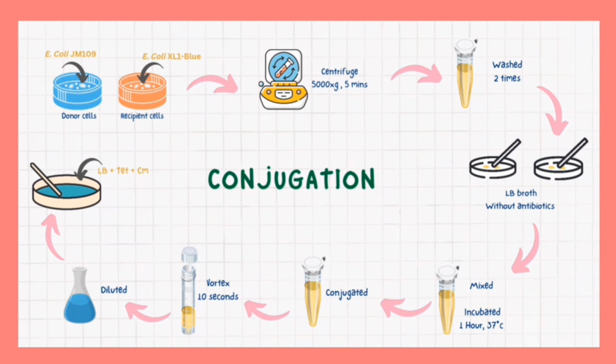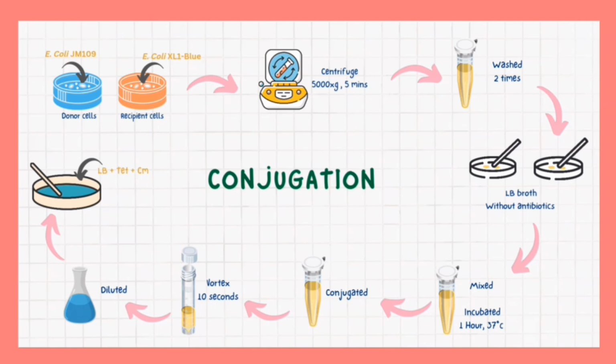The third step is conjugation, where E. coli JM109 that contains the MCBAS plasmid and E. coli SL1 blue, which is the recipient cells, are grown separately in LB medium with appropriate antibiotics. Cells were harvested by centrifugation at 5000 g for 5 minutes, washed twice, and then resuspended in LB medium without antibiotics.